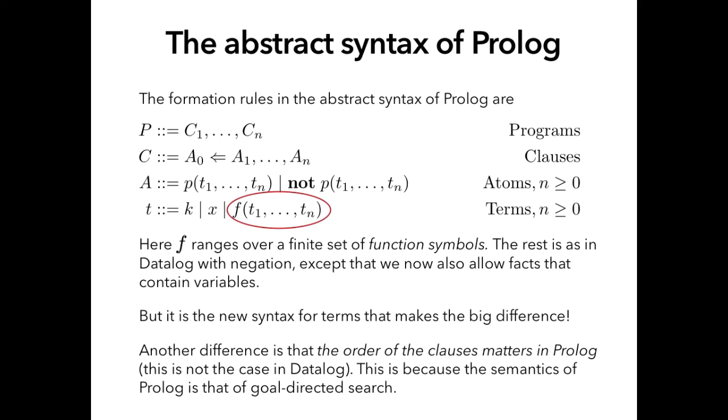But the really big difference is the syntax for terms. We have a term language that allows us to express interesting things. Another difference is that the order of the clauses actually matters in Prolog. That's not the case in Datalog. You can write your clauses in any old order you want, but in Prolog it matters, and that's because the semantics of Prolog is that of goal-directed search.